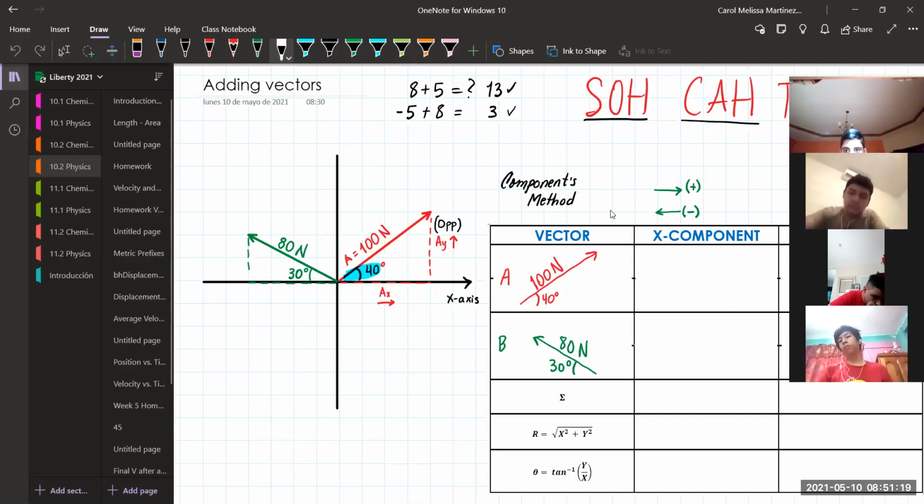Remember what SOHCAHTOA means, right? The S is for sine, the O is for opposite, the H is for hypotenuse, the C is for cosine, the A is for adjacent, and the H represents hypotenuse. So, which one between SO and CA, between sine and cosine, what trigonometric function uses opposite?